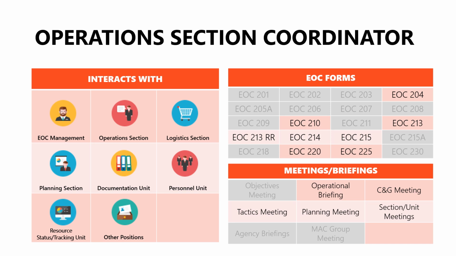They're going to provide regular section status reports to the EOC director, ensure that the planning section is provided with status reports, review the suggested list of resources to be released with the logistics section prior to their release, attend and participate in any EOC action planning meetings, authorize resource requests from the units, and forward critical resource requests to the EOC manager or logistics section chief for approval.